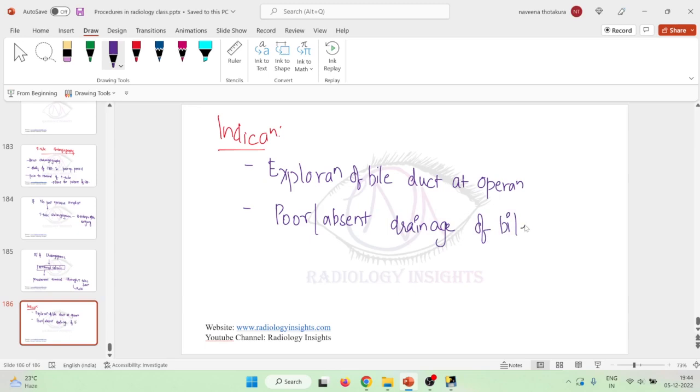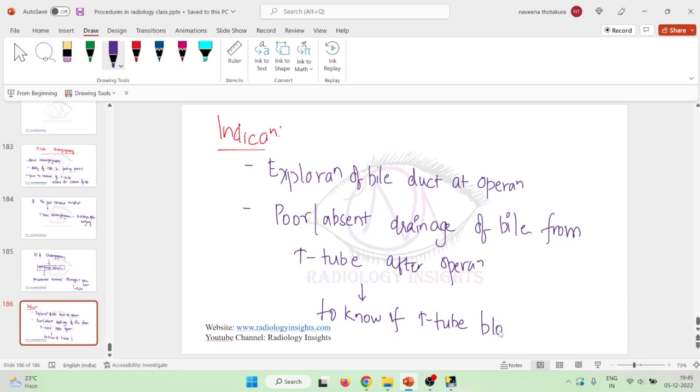But after putting the T-tube, if you see that there is poor or absent drainage of bile from the T-tube after operation, then in order to know if the T-tube is blocked or not, or if it is not present in the CBD, to make sure that the T-tube is present in the CBD and it is not blocked, you will have to do this T-tube cholangiogram.